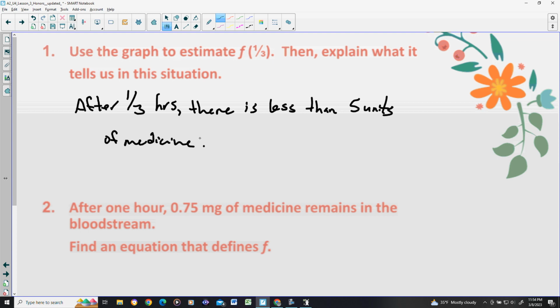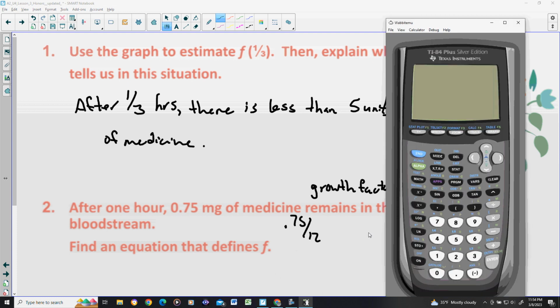The easiest way to find a growth factor is second term divided by first term. So in this particular case, we're going to do 0.75 divided by 12, and that's going to be kind of small. 0.0625.